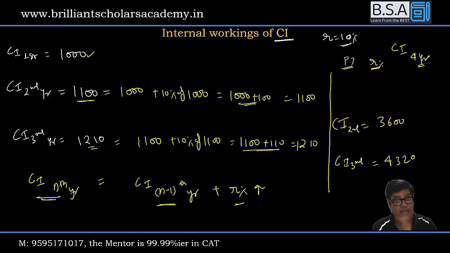For third year, not 3 years, third year, it is 4320. Can you find principal? Can you find rate of interest and total interest for 4 years? Give it a try. I'll wait for you guys. Try this.